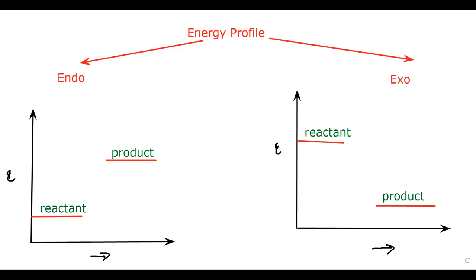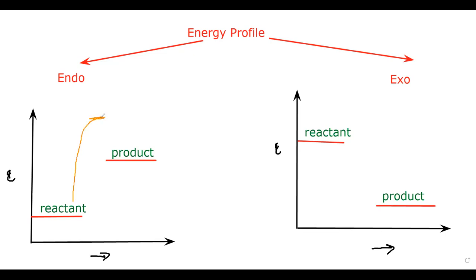So first, what happens when a chemical reaction occurs? Some of the energy is absorbed and some of the energy is released. So we always talk about the overall. First, the reactants have to absorb some energy. Why should they absorb the energy? To start the reaction.